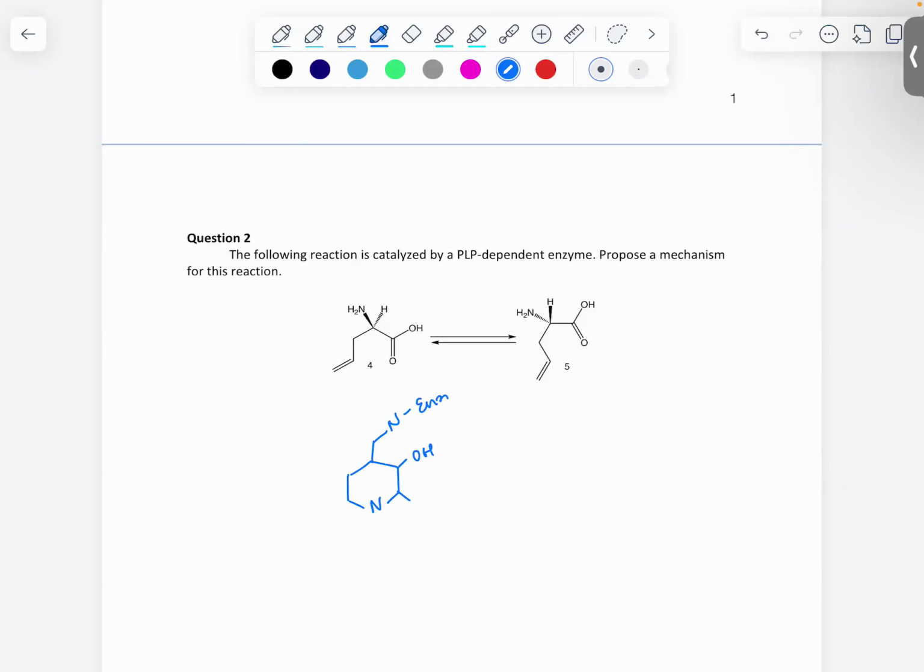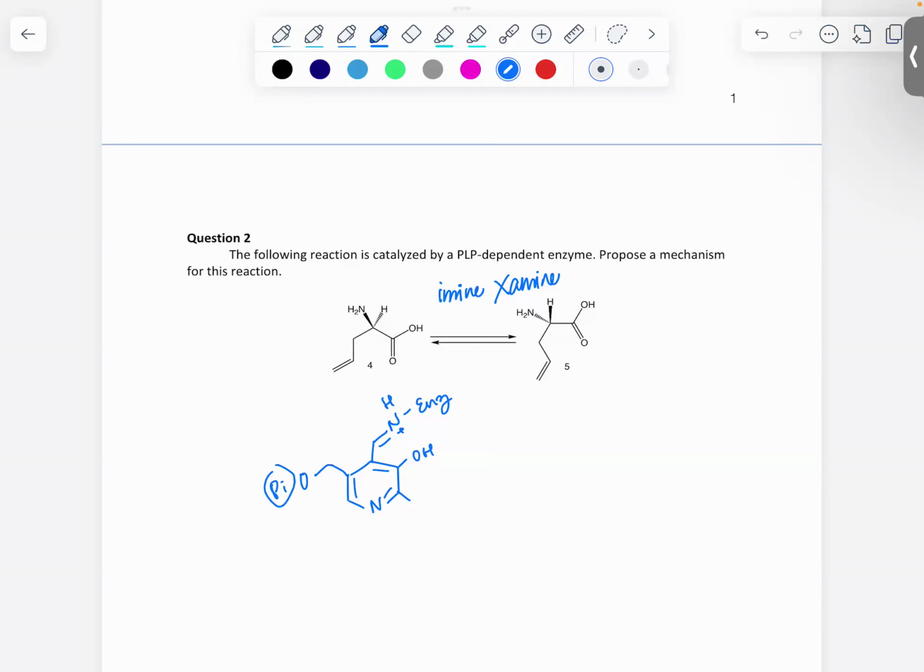Is attached to our enzyme and has this imine. I mean I-M-I-N-E, not A-M-I-N-E. We have oxygen and then an organic phosphate group.